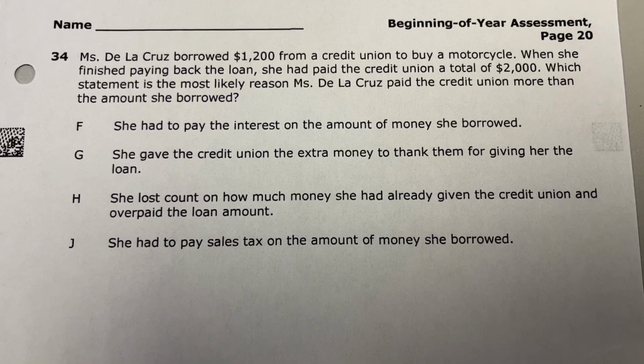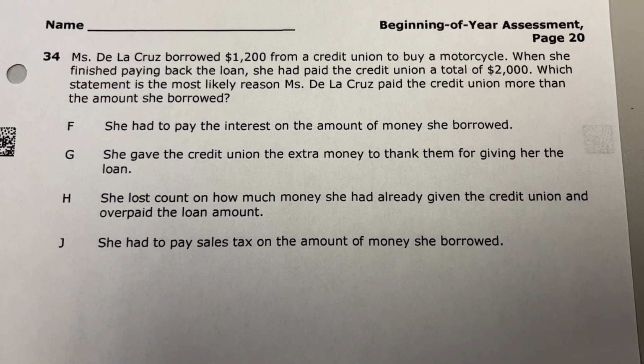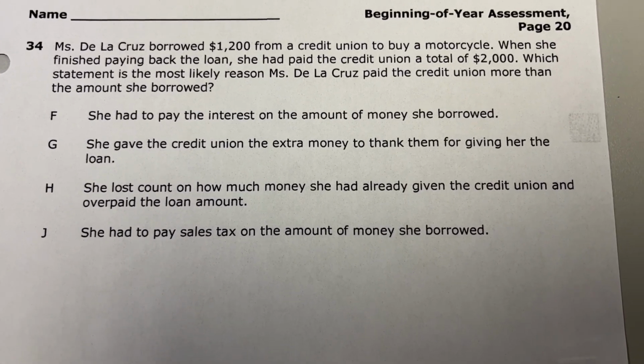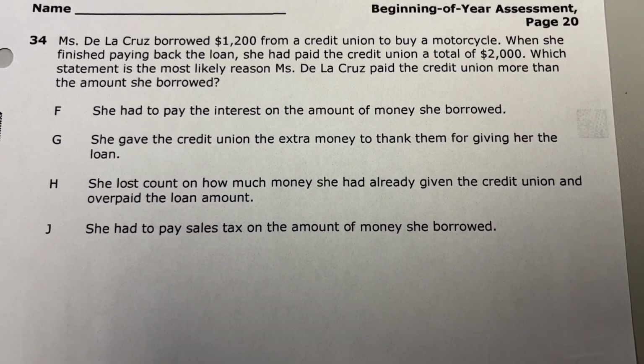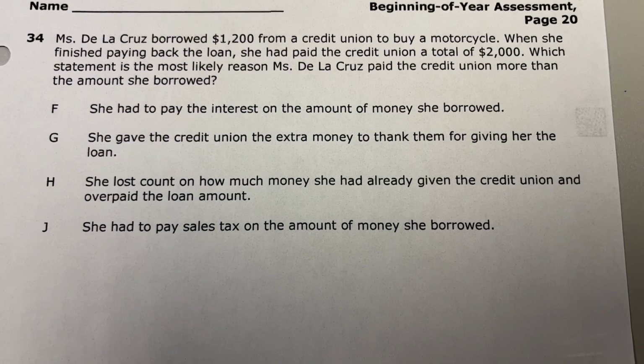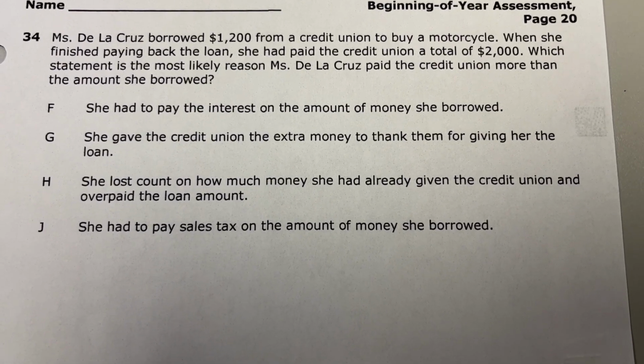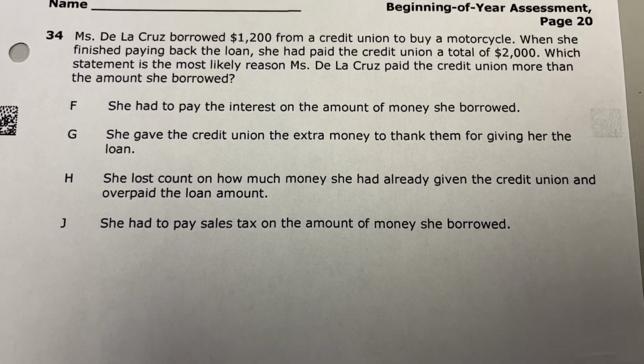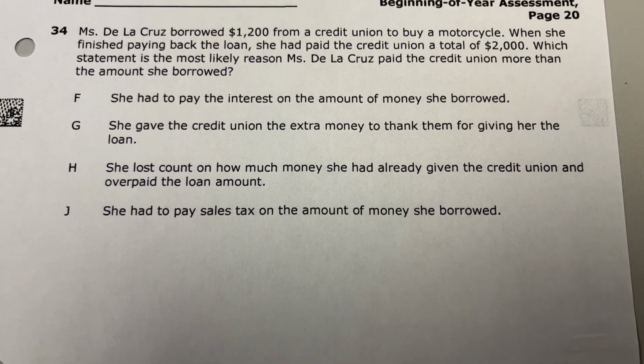F, she had to pay the interest on the amount of money she borrowed. G, she gave the credit union the extra money to thank them for giving her the loan. H, she lost count of how much money she had already given the credit union and overpaid the loan amount. Or J, she had to pay sales tax on the amount of money she borrowed.